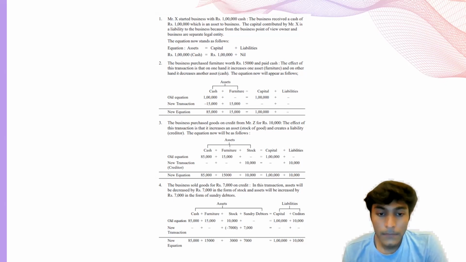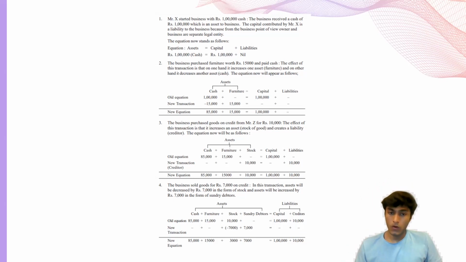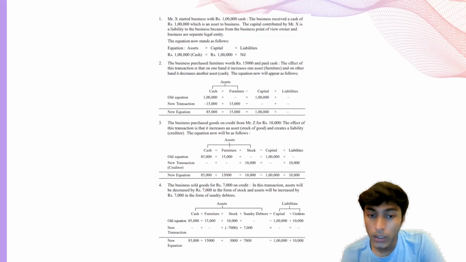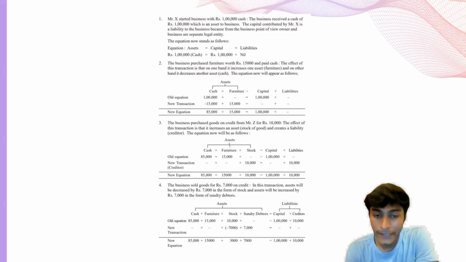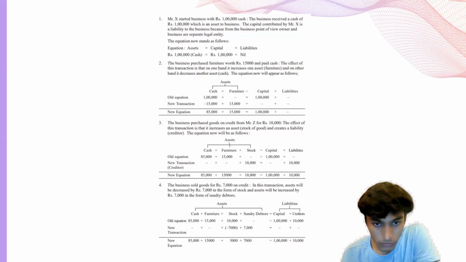Now coming to the fourth transaction: the business sold goods worth rupees 7,000 on credit. In this transaction, the asset will be reduced because the business has sold the goods, and the goods are stock. So on the asset side, we will reduce the stock by 7,000.